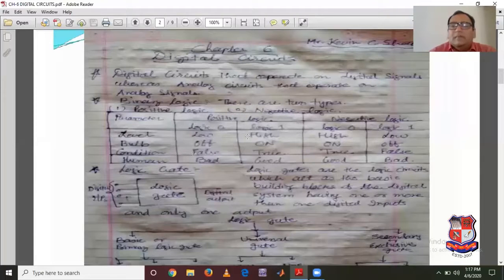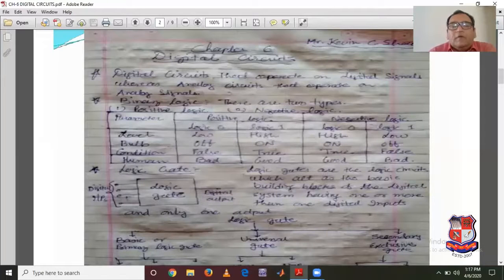If your bulb is on, we consider it logic 0, and if the bulb is off, we consider it logic 1. Now the third one: whether the condition is true or false. According to the input and output, if the condition is false in positive logic, we consider it logic 0, and if the condition is true, it means your logic is 1, or the bulb is on, or the level is high.